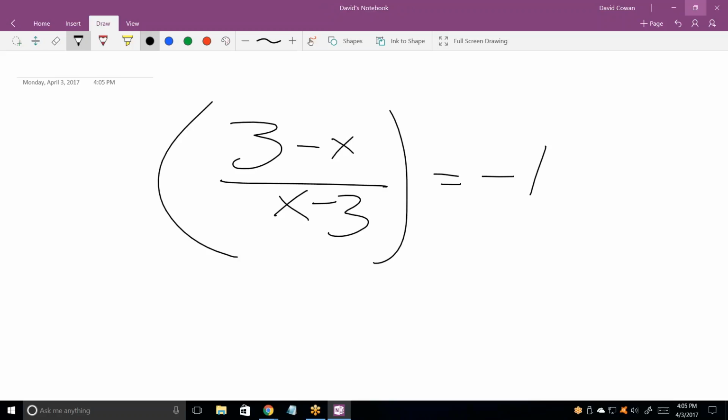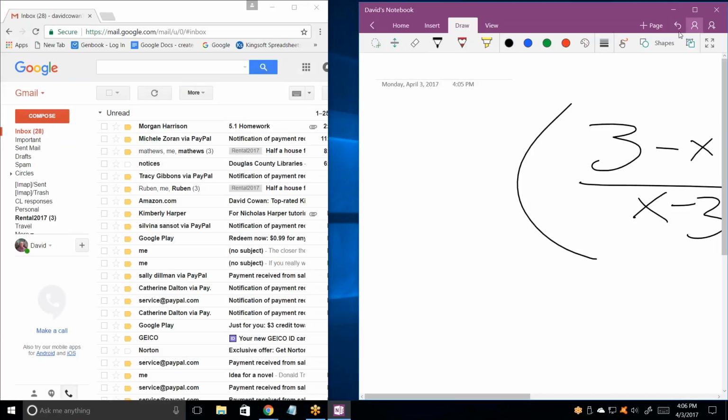In other words, most everything you're going to run into, the only thing you can cancel are things that look exactly the same. But this is one of the rare exceptions where you have A minus B divided by B minus A. That's always minus 1, and you want to pick that up. Sometimes you will run into that. I'm guessing it depends on the degree of difficulty they're going to give you.